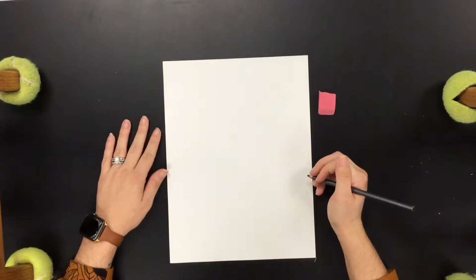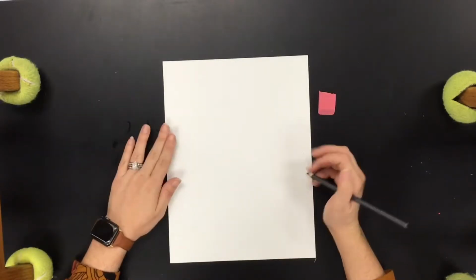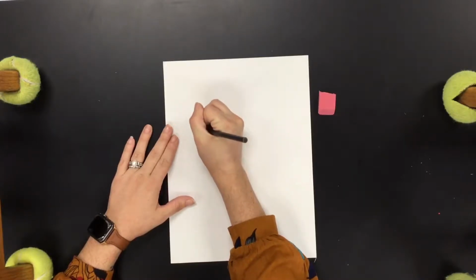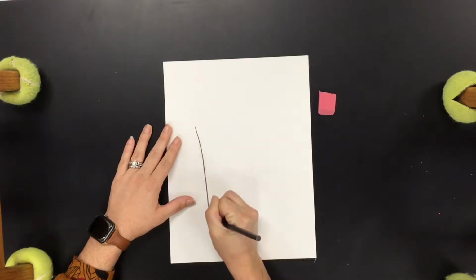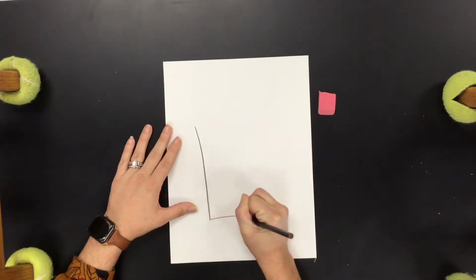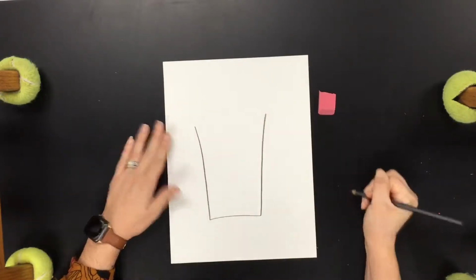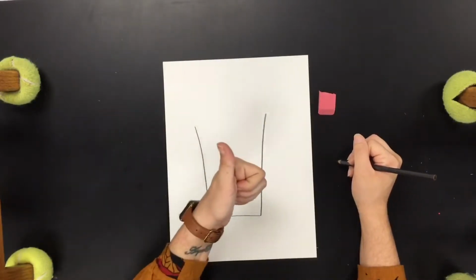And we're gonna start with a tall trapezoid shape. So that means I'm kind of making a rectangle that only has 3 sides and is a little bit thinner on the bottom. Can you do that and give me a silent thumbs up?